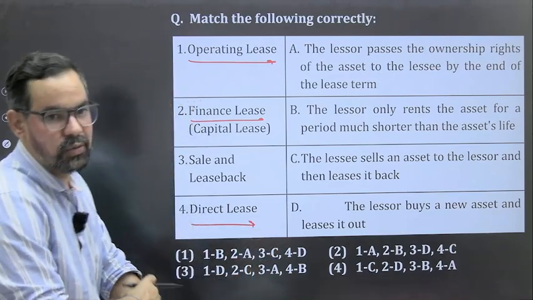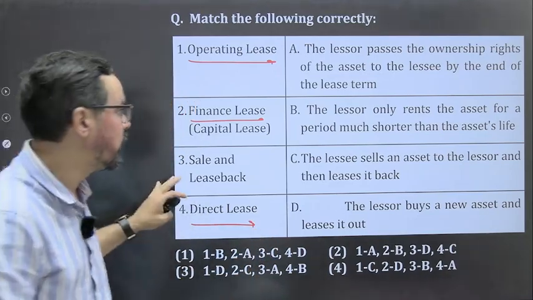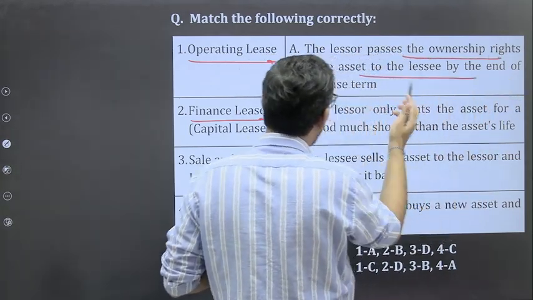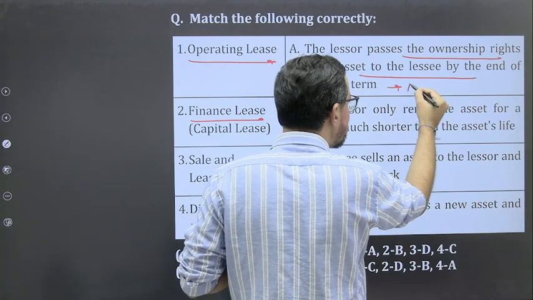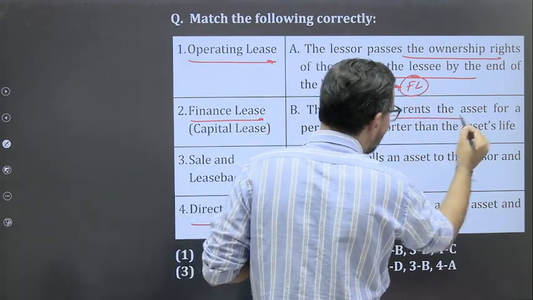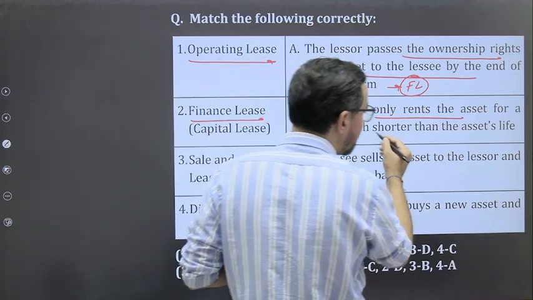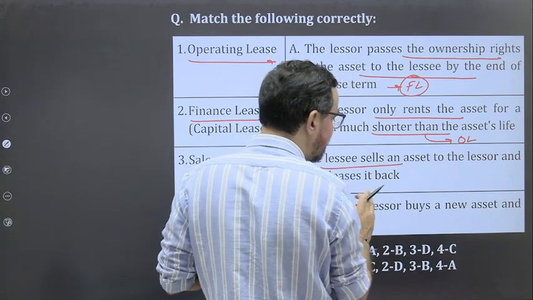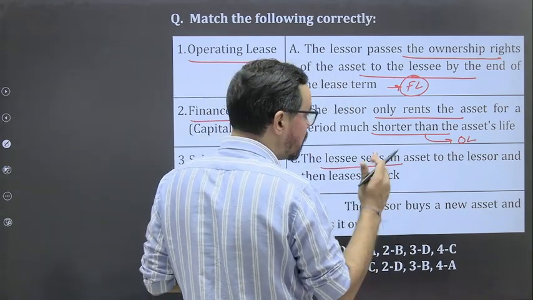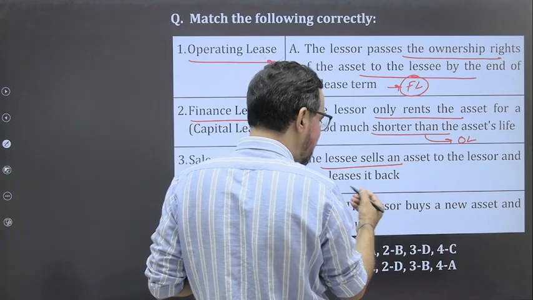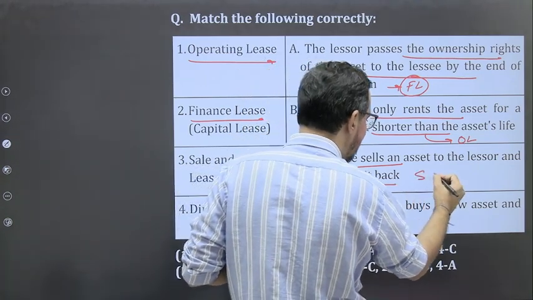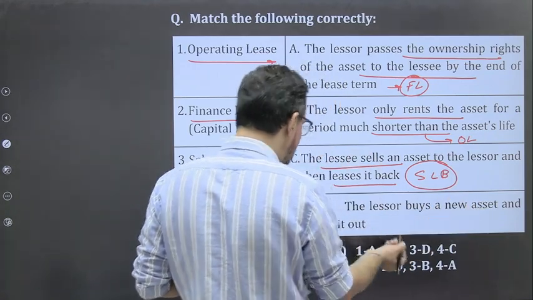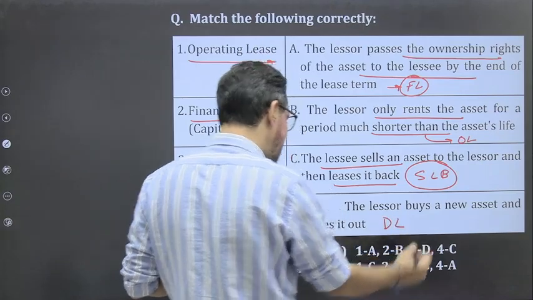We have discussed lease in quite a lot of detail. The lessor passes the ownership right of the asset to the lessee by the end of the lease term, so it is finance lease. The lessor only rents the asset for a period much shorter than the asset's life, so it is operating lease. The lessee sells an asset to the lessor and then leases it back. So this is sale and leaseback. Besides this, the lessor buys a new asset and leases it out, so this is a case of direct lease.